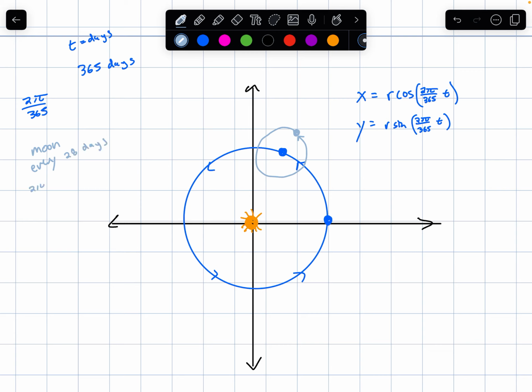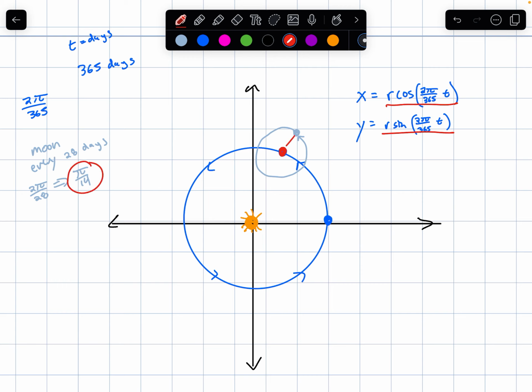So we can take 2 pi over 28, which simplifies to pi over 14. I don't know if that's the period, but that's our b value. What I'm trying to say here is we're centering that rotation at the Earth. So all I have to do is take the Earth and add to it the rotation of the moon.